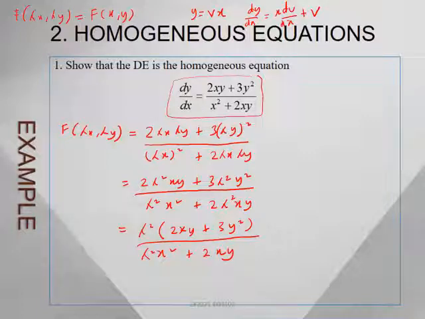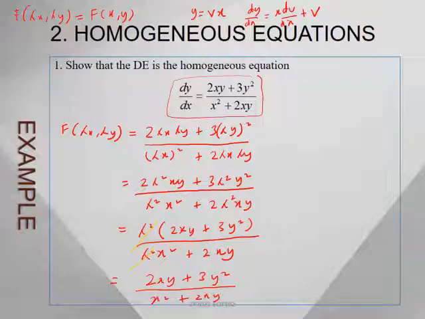Then we can cancel it out. In the end, it will be 2xy plus 3y squared divided by x squared plus 2xy.